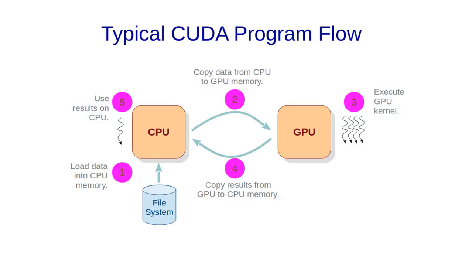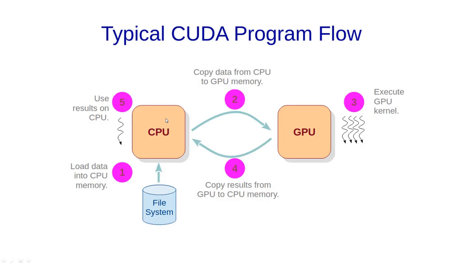Take the case of a GPU and a CPU: the program is loaded in the CPU, and whatever data are to be used as arguments to a global function which is going to be executed in the GPU.